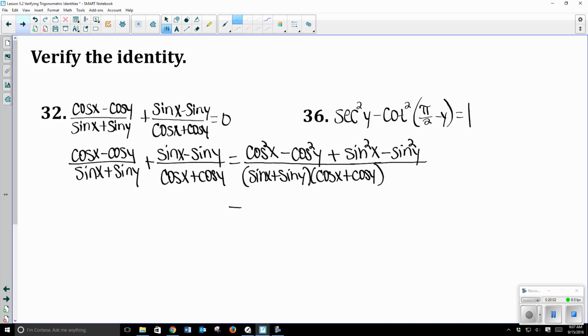If you regroup, you can see you have cosine squared x plus sine squared x minus cosine squared y minus sine squared y.